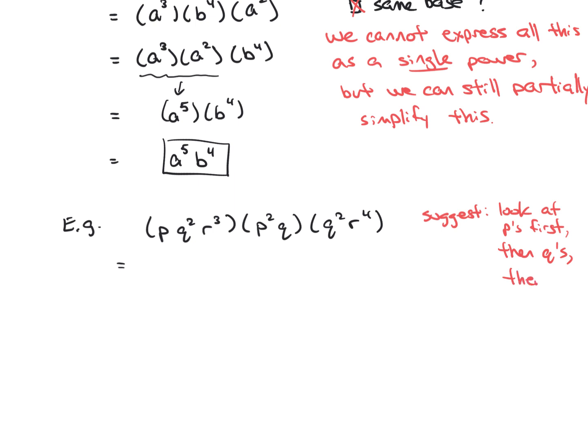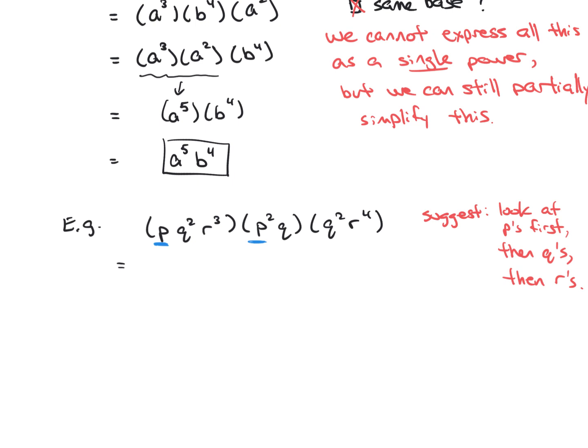Let's just take this one letter at a time. And I'll use some coloring to help. Looking at the p's, I see a p in the first bracket, a p squared in the second bracket, and I don't see any in the third bracket.